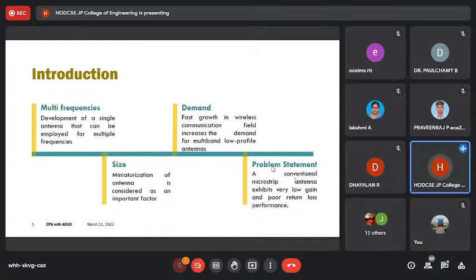A conventional microstrip patch antenna exhibits very low gain and poor return loss performance. To improve its performance, various design techniques and geometries such as slots, metamaterial rings, and array structures are addressed in the literature.